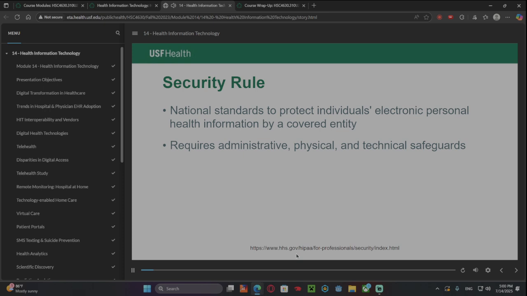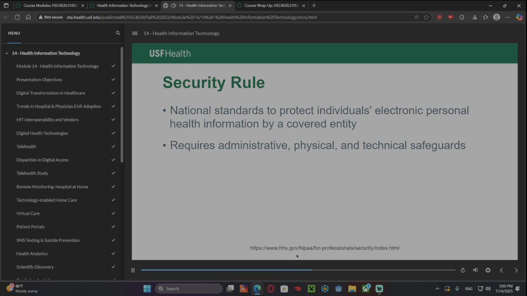The HIPAA security rule is a national standard to protect individuals' electronic personal health information by any covered entity. It requires administrative, physical, and technical safeguards to protect patients' protected health information. Administrative safeguards are those policies and procedures designed to ensure security measures to protect health information.